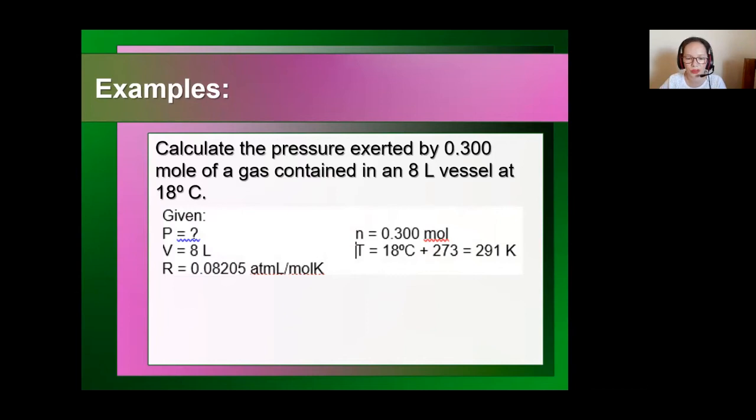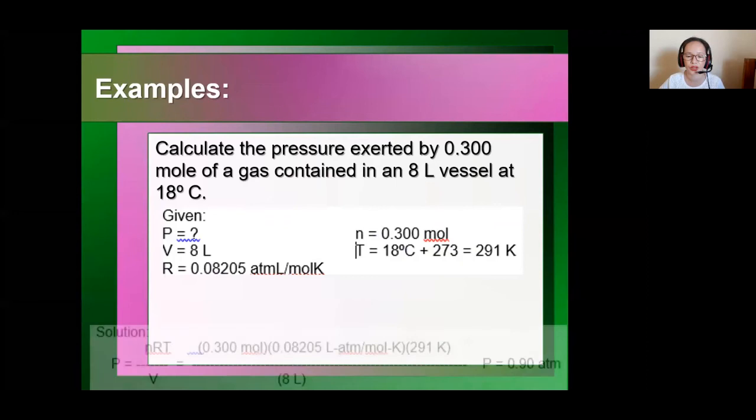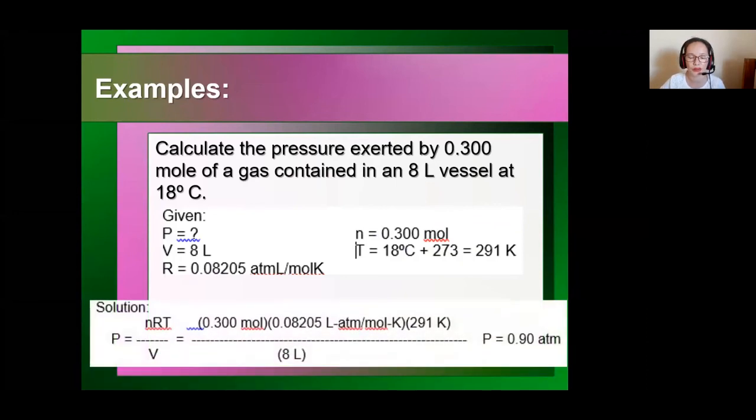If initially the volume is 8 liters, the amount of gas is 3.000 mole, and the temperature is 291 Kelvin. So substitute in the formula PV = nRT, our unknown is pressure. So we have nRT over V.